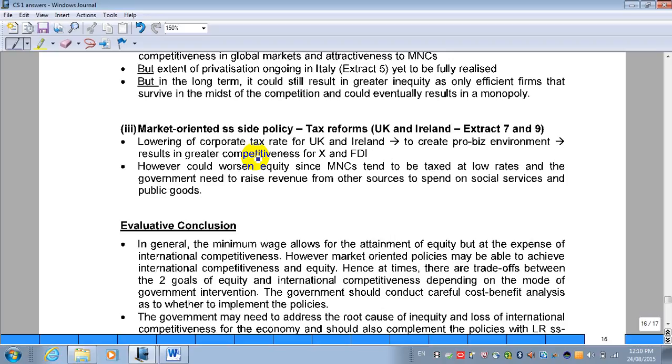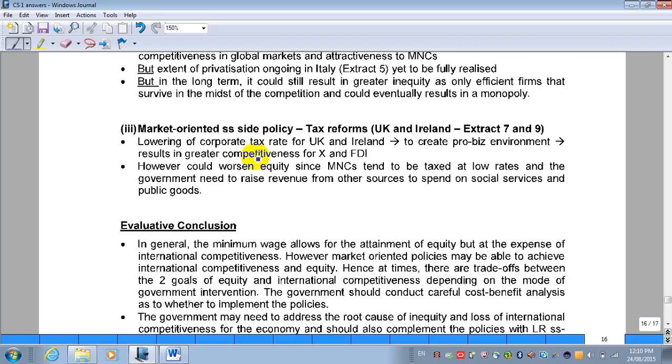However, it can worsen inequity, right? Inequity is like some are earning more at the expense of others. Some people's incomes are so high, some others are not. It doesn't just have to be a comparison between high and low income workers. But take note that MNCs, they are firms, they are earning very high profits already.